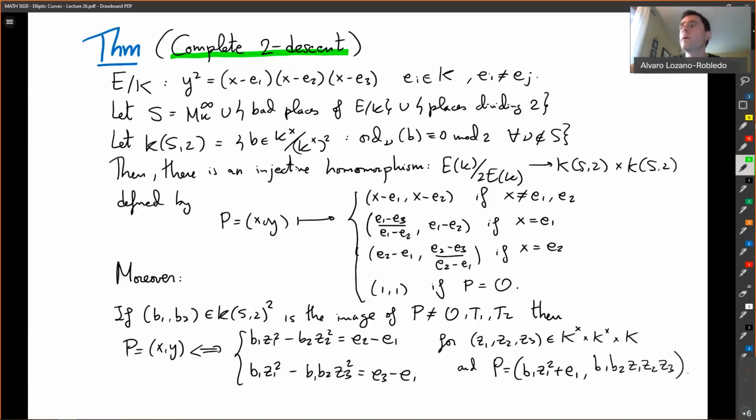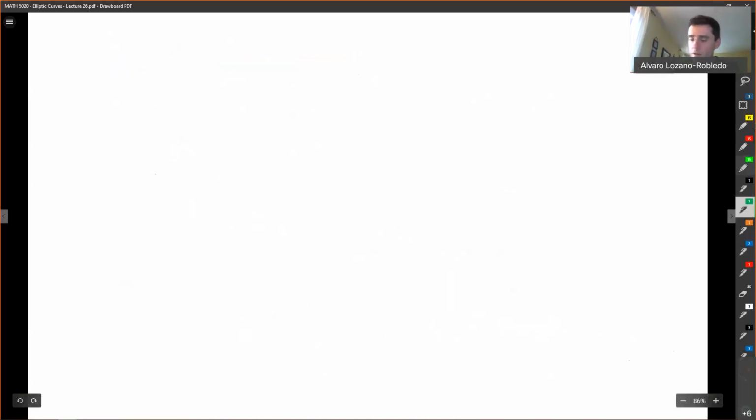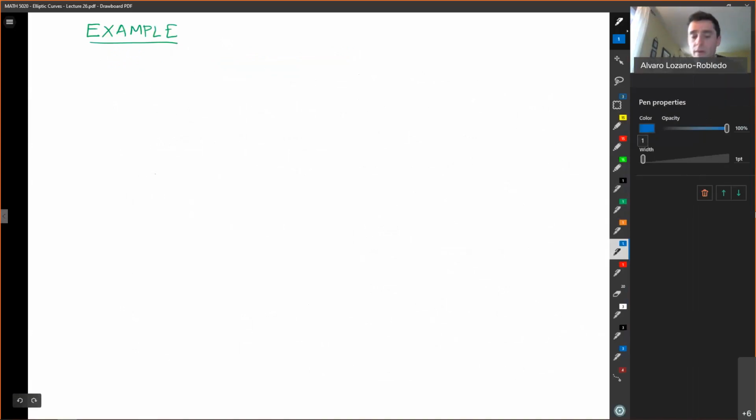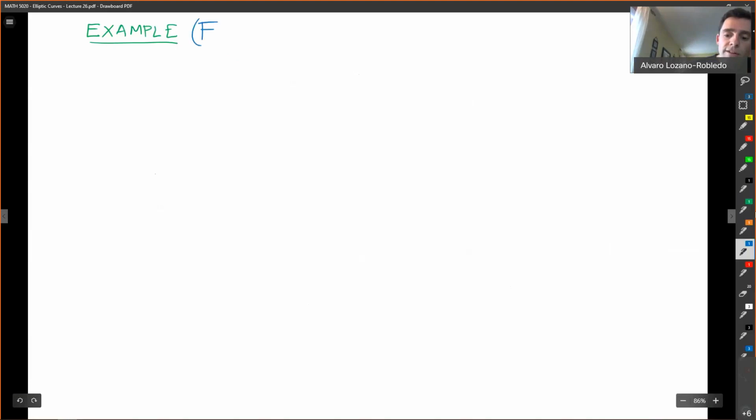So we have a few minutes to start computing with an actual example. Use this theorem to compute with an example. So let me do that. Here my goal is to find all the rational points on an elliptic curve.